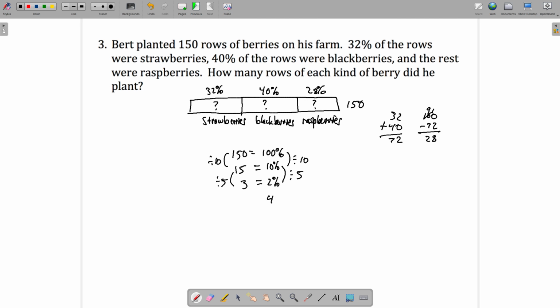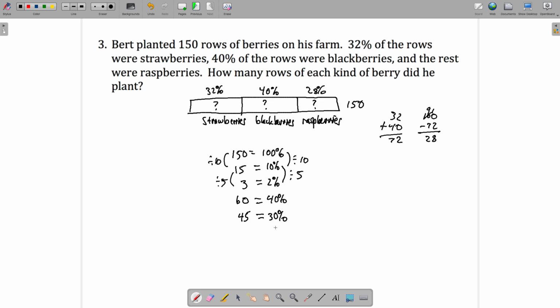So 40% will be 4 times 10%. 4 times 15 is 60. 30% is equal to 3 times 10%. 3 times 15 is 45.